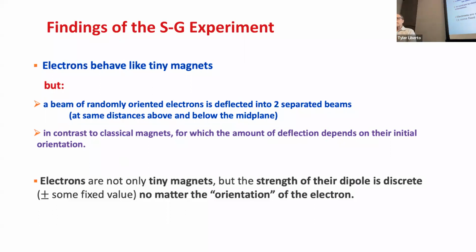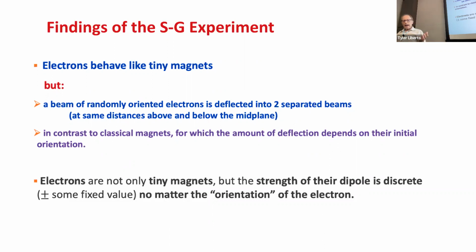However, electrons are deflected either upward at one line or downward at one line. That is very different behavior from a classical magnet. The electrons behave like tiny magnets, but a beam of randomly oriented electrons or spins is deflected into two separated beams at the same distances above and below the midplane.